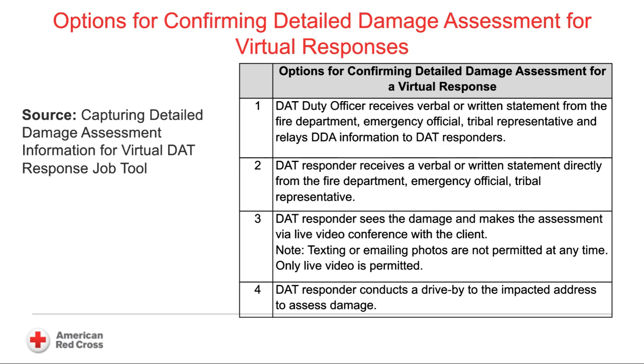So for example, knowing that it's major, okay, well, it's major damage, but did it destroy part of the house or damage part of the house that needs significant repairs, and it was the bedroom.